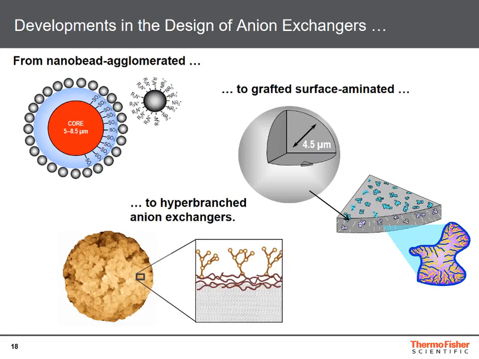On the bottom left, you see the most modern type of anion exchanger, which we call today hyper-branched anion exchangers. We do a very similar thing as with grafted surface aminated resins.